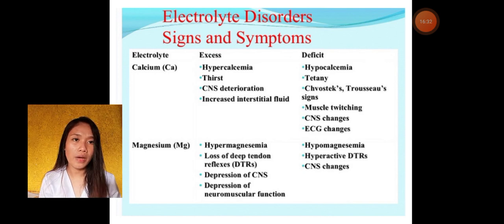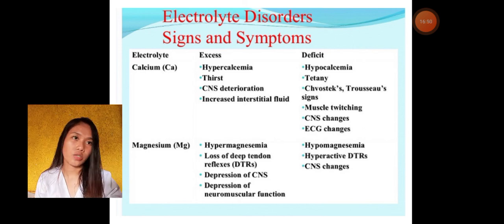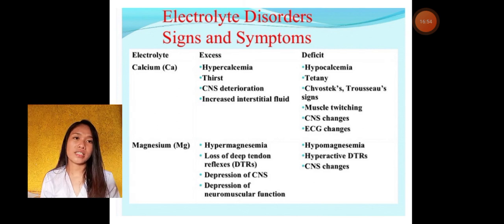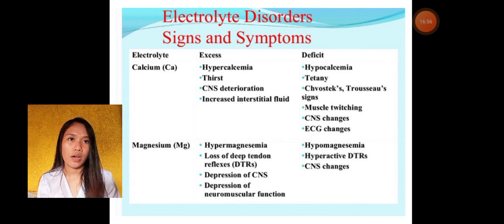And magnesium: hypermagnesemia, loss of deep tendon reflexes, or DTRs, depression of CNS, depression of neuromuscular function; and hypomagnesemia: hyperactive DTRs and CNS changes. So those are the signs and symptoms if the electrolytes are in excess or deficit.